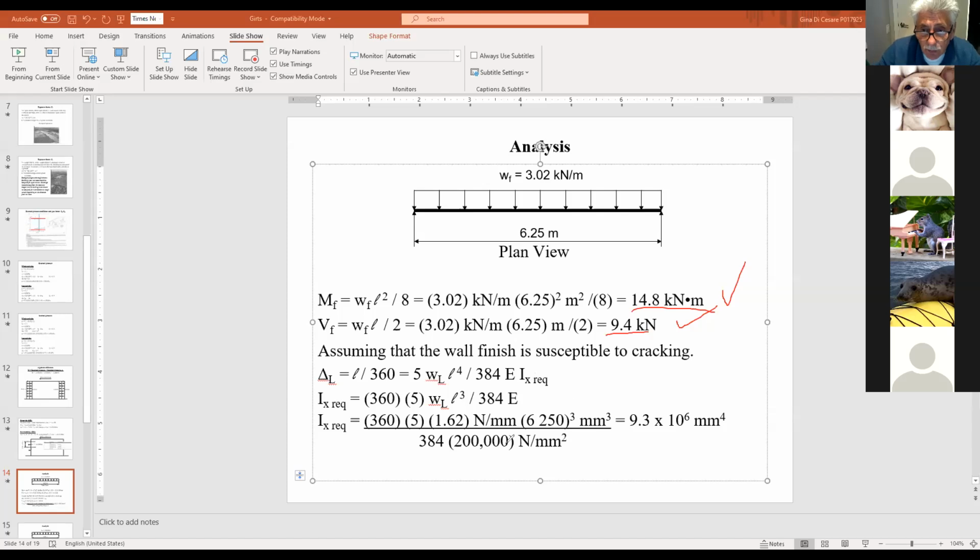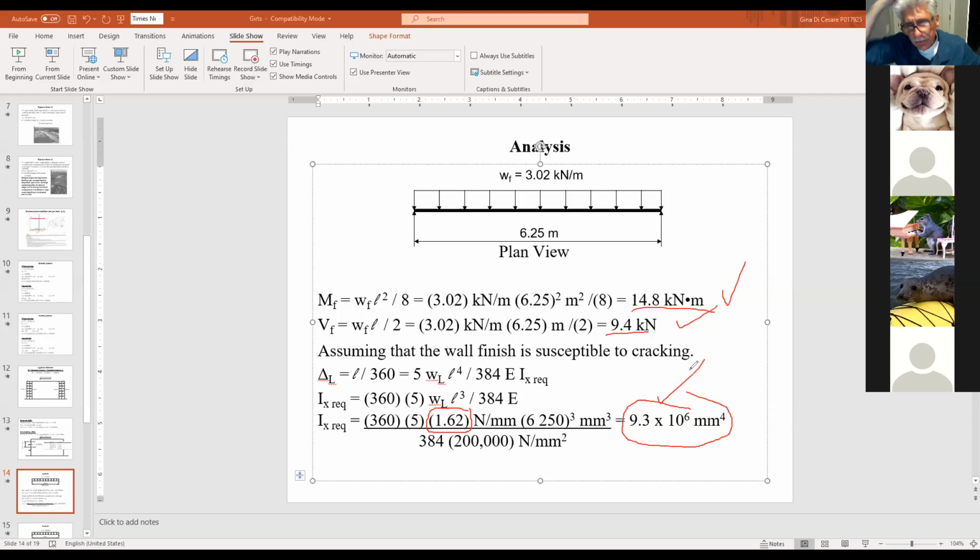Now, would somebody just double check this number here? Since we haven't changed it, this should be the same. Yeah, it's good.